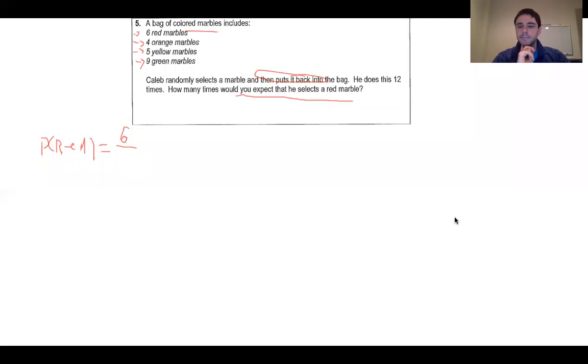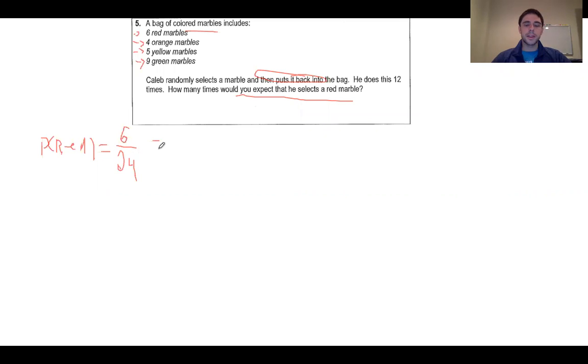One person got it. So you have 6 red marbles plus 4 orange marbles, that's 10 total marbles. Plus 5 yellow marbles gives us 15 marbles, plus 9 green marbles, that's going to give us 24 marbles.